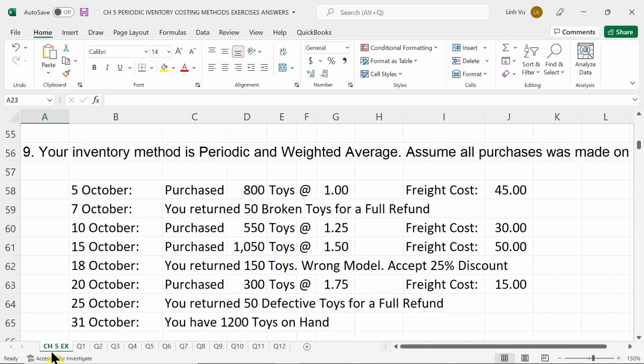October 10, we end up purchasing 550 toys at $1.25 with a freight of 30.